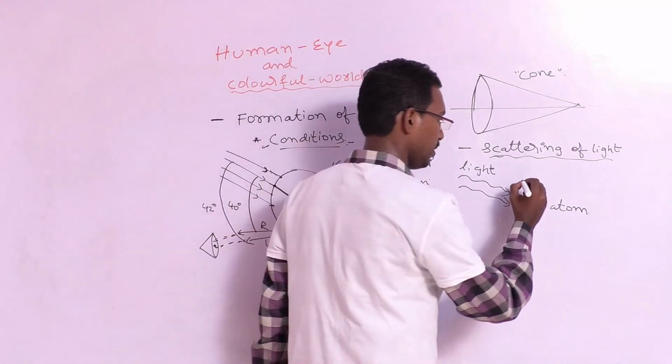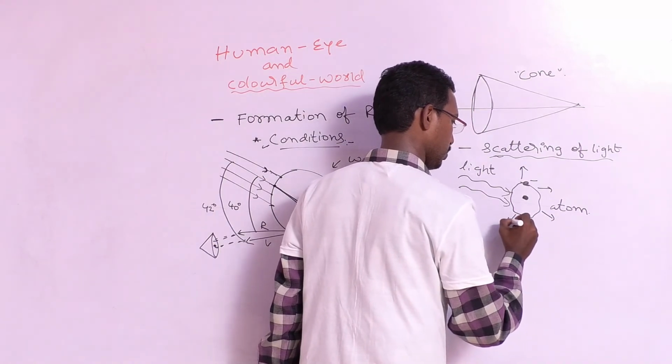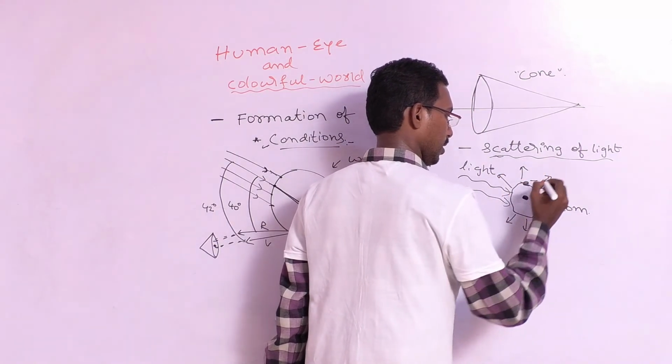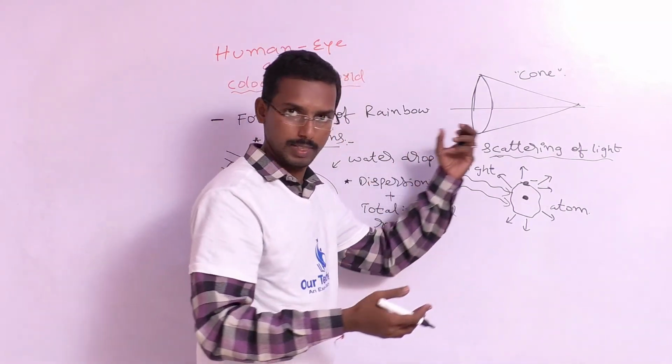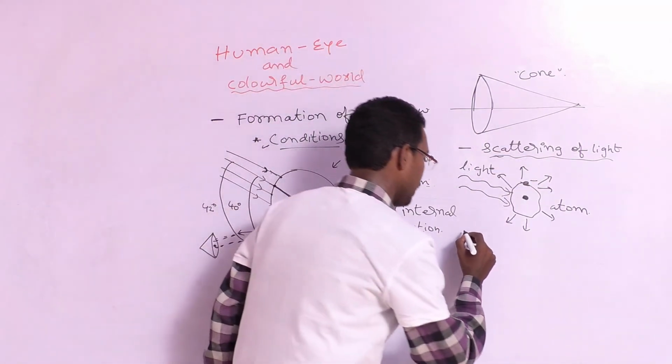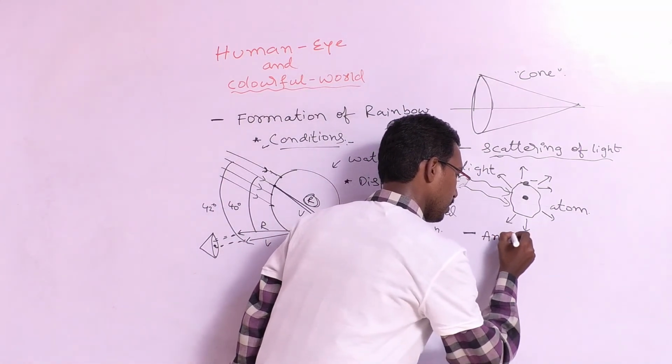In this process, they redistribute the light energy in all possible directions. This redistribution of light in all directions is known as scattering of light. Another topic in this is known as angle of scattering.